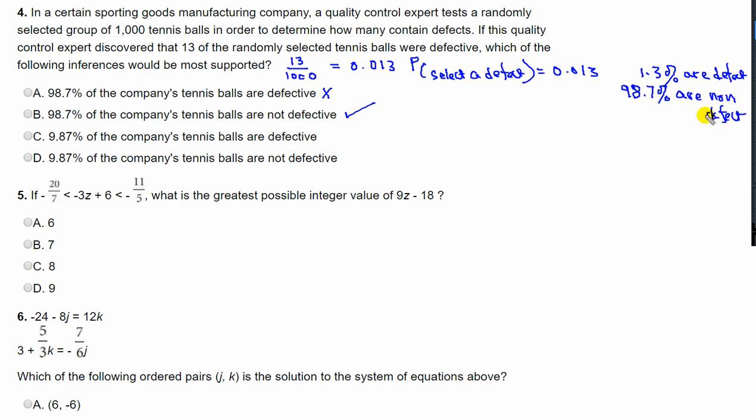This is based on here. 98.7% of the company's tennis balls are non-defective. The others are wrong. So the answer is B. Now let's look at another question here.